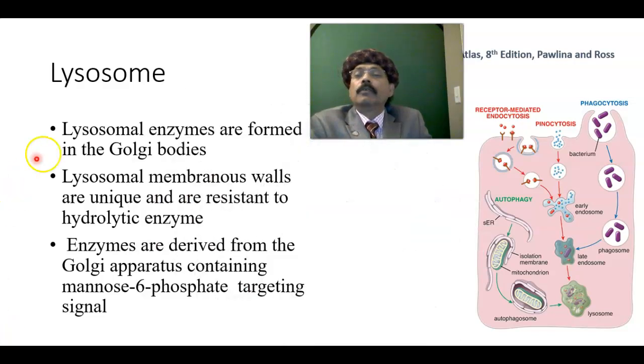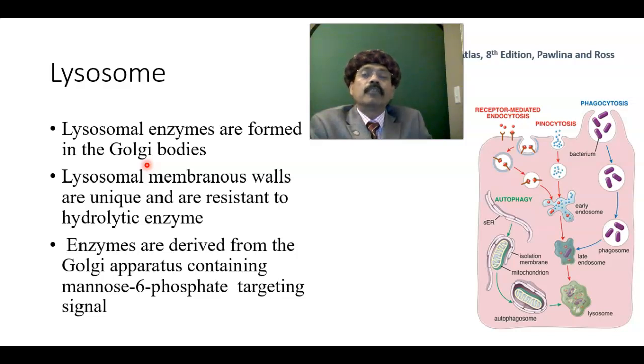So lysosome enzymes are formed from the Golgi apparatus, because the Golgi apparatus is the site of post-translational modification of the proteins. They begin in the rough endoplasmic reticulum and are injected into the Golgi apparatus.